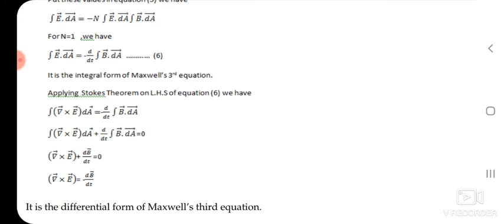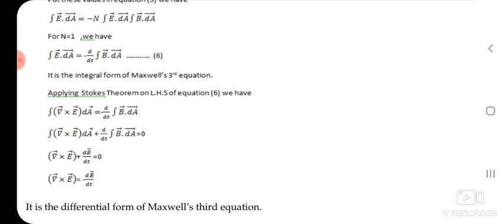Therefore, del cross E plus dou B by dou t is equal to 0, or you can write del cross E is equal to minus dou B by dou t. The curl of an electric field is equal to the rate of change of magnetic field with respect to time, but in the opposite direction. This is Maxwell's third equation.